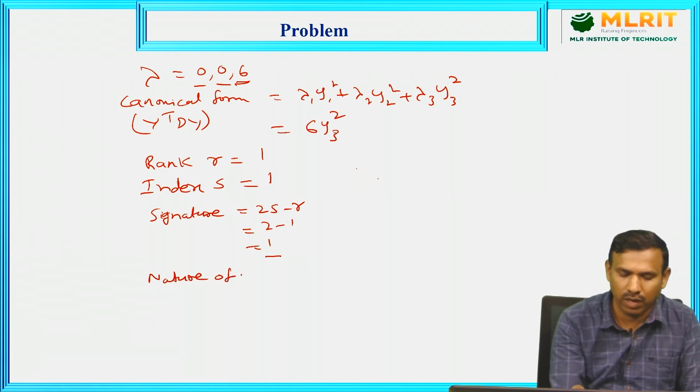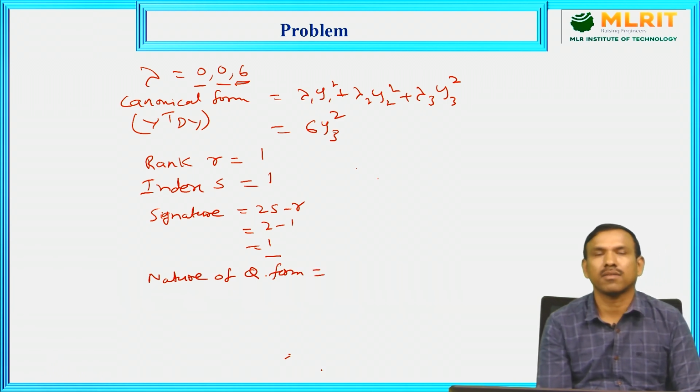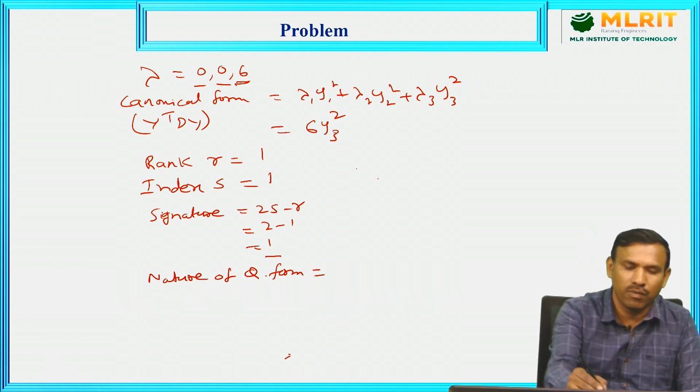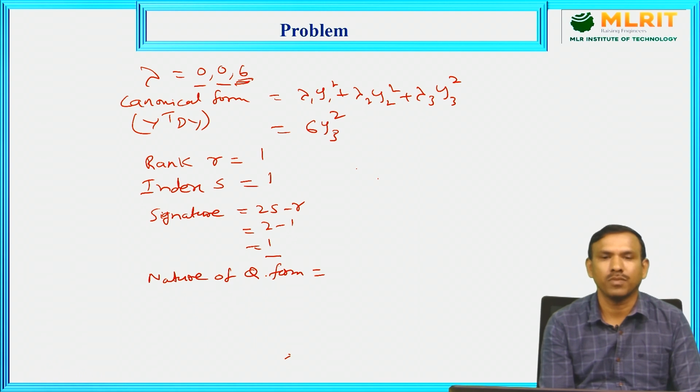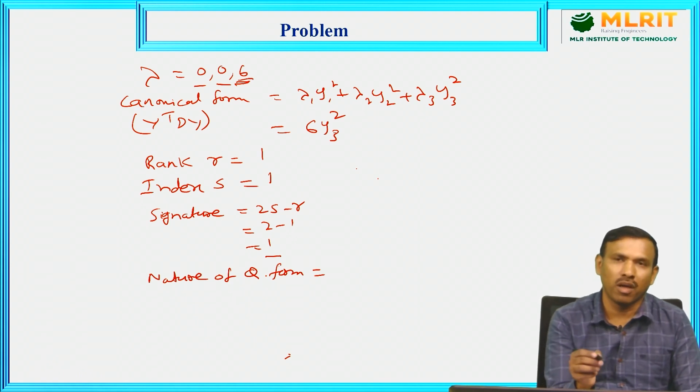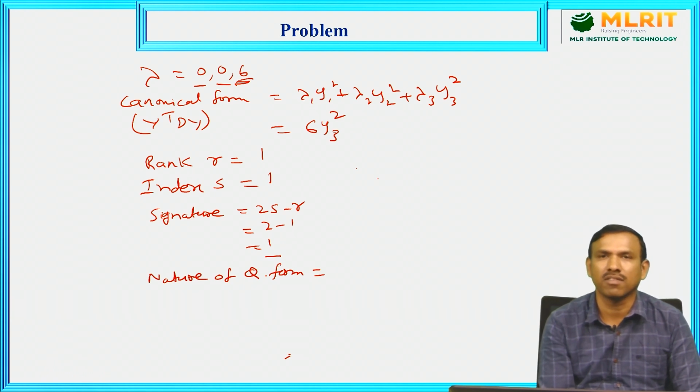Next, we have the nature of the quadratic form. See, look at this one. Here, one eigenvalue is positive, remaining are 0. So, can we say all positive? No. So positive along with 0, that we already discussed, that is positive semi-definite.